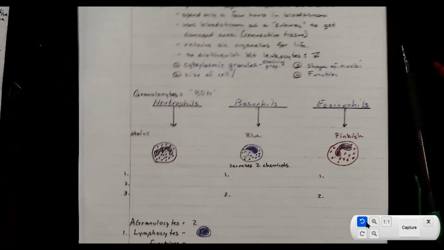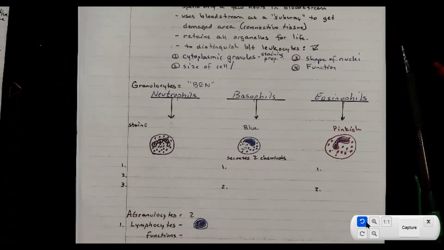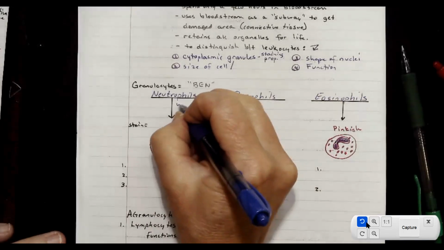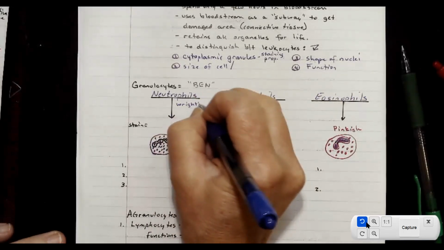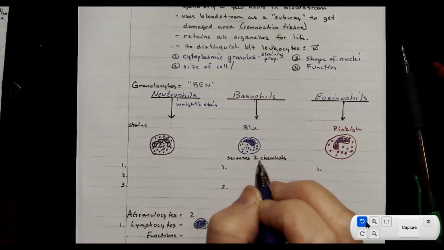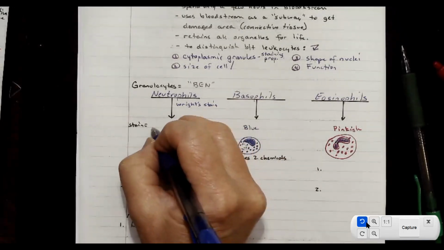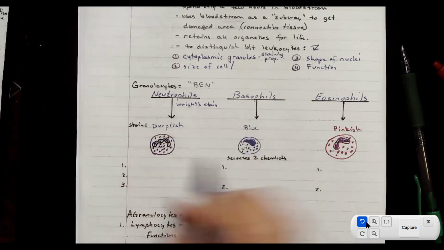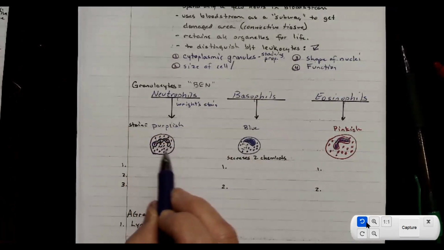The staining in this case, you use a Wright stain, to be able to see, and this one is kind of purplish when it stains. So you can see the granules in here.